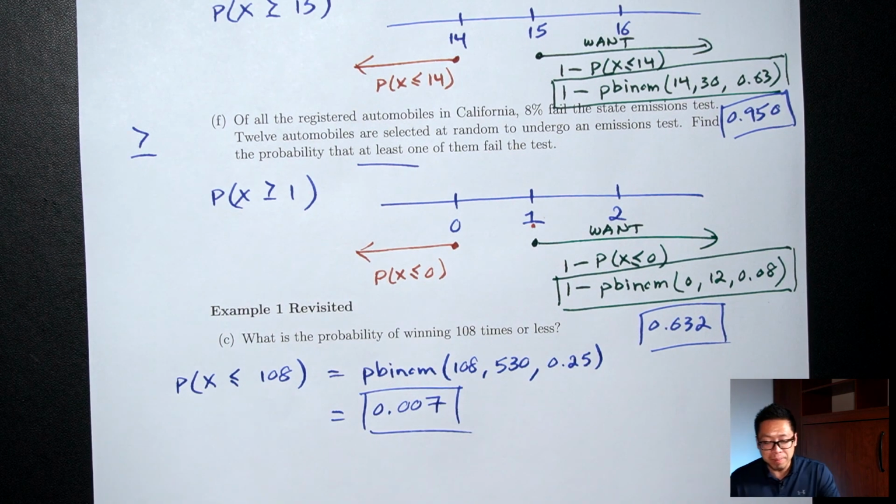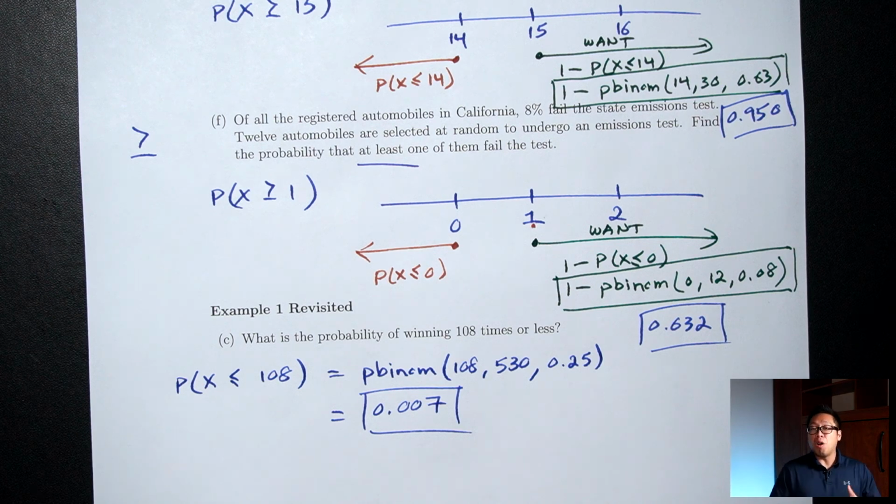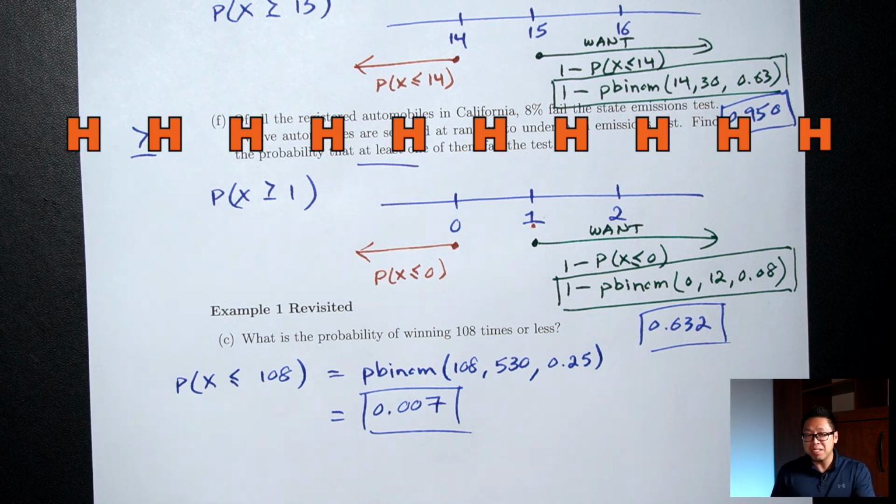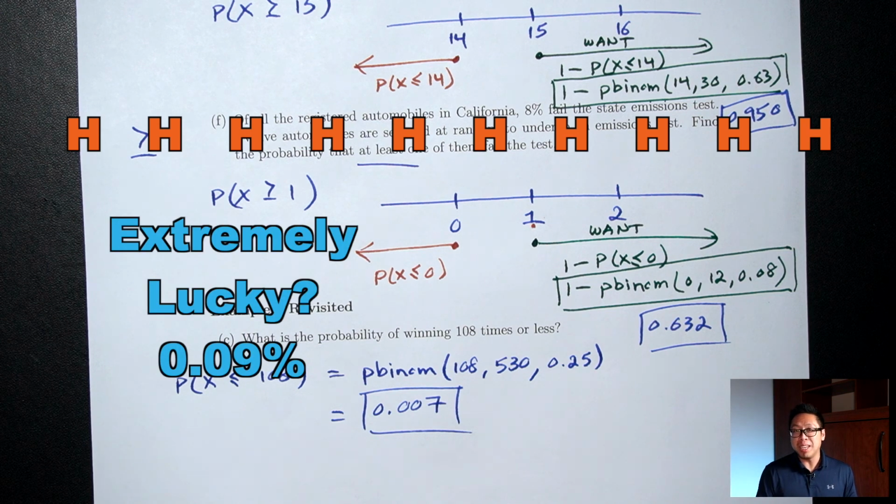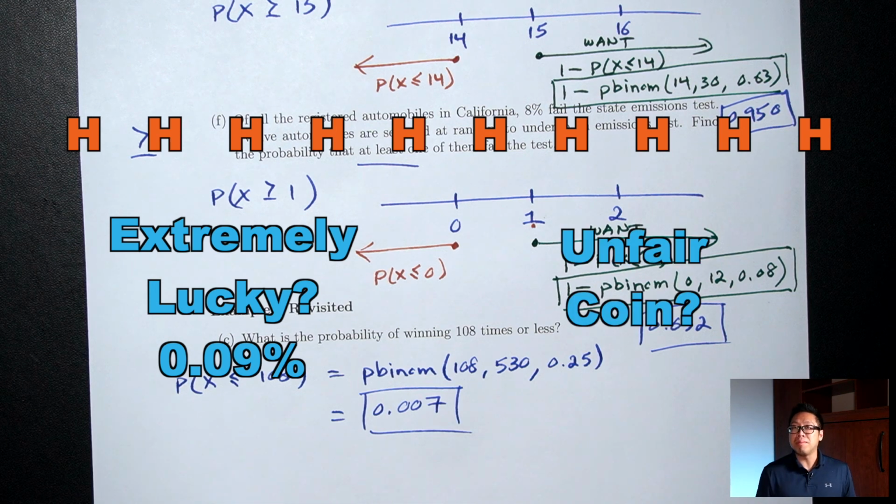So this is like saying, if you flipped a coin 10 times and you got all heads, all 10 heads. That's something extremely rare. And there are 2 possible explanations for this. Either you are just extremely lucky to get all 10 heads, or something's wrong with the coin.